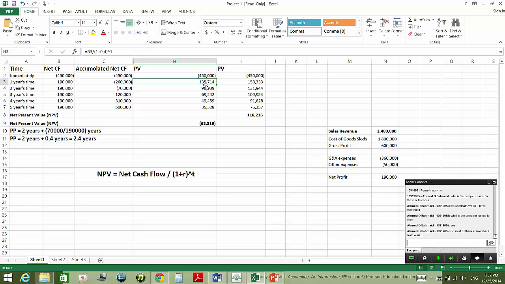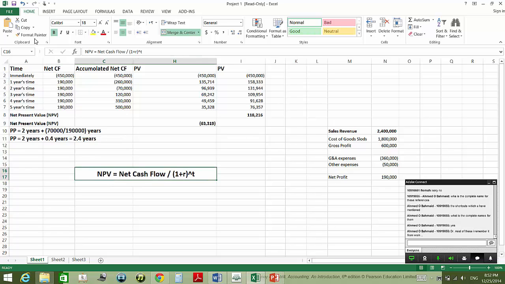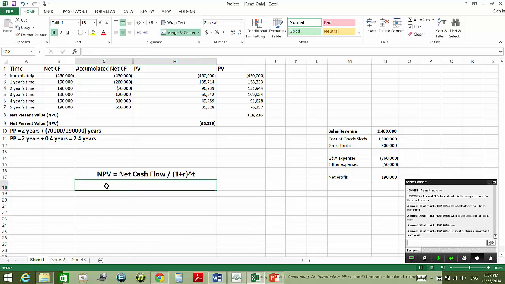Let us say that NPV is equal to net cash flow here. Net cash flow is 190,000. That means we will put 190,000 and divide it by 1 plus R, where R is the required rate of return, or as we said, the discount rate.